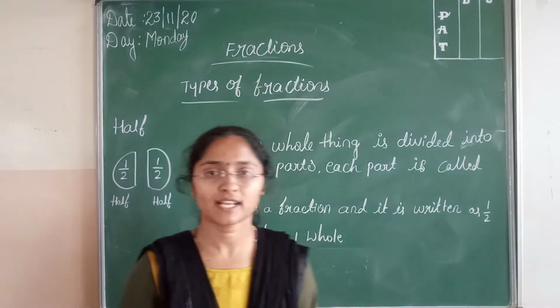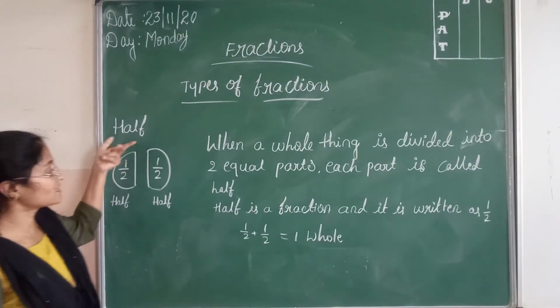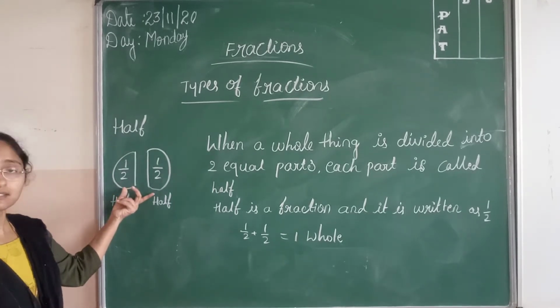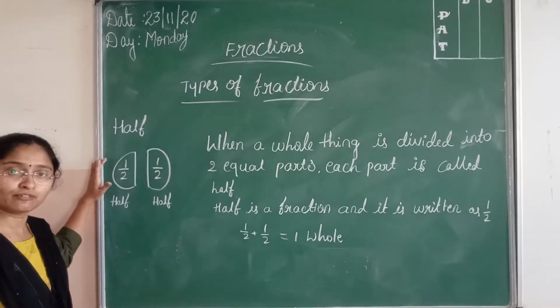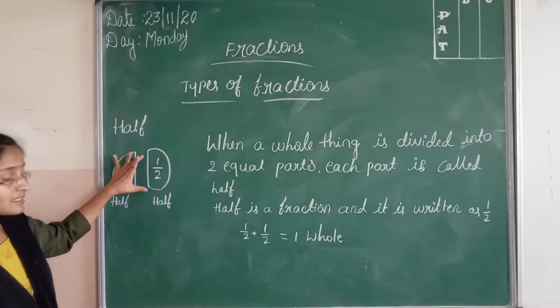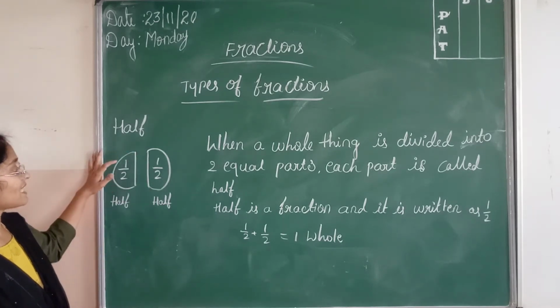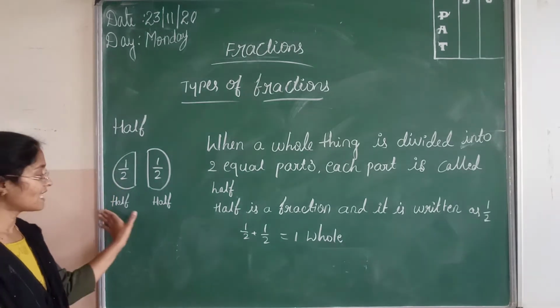So among the types of fractions, the first one is half. Half is when we cut an object into two equal parts. This is the half part of one whole thing, and this is the other half part of the one whole thing. We can write this as 1 upon 2, and we read it as half.